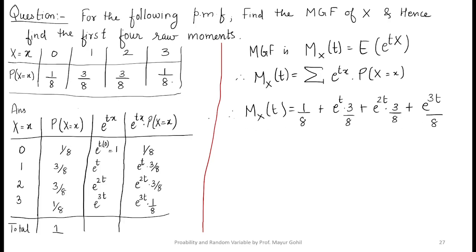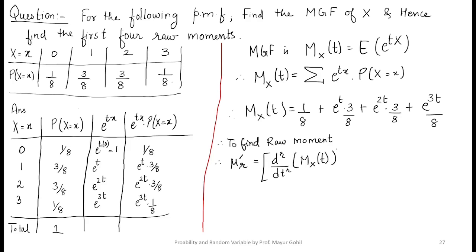Now let us see how to find the first four raw moments. So this is the MGF. To find raw moments, we first take the derivative of Mx(t). Therefore mu r dash is equal to the rth derivative with respect to t of Mx(t), evaluated at t equal to 0.